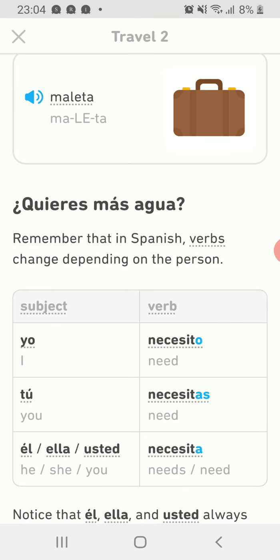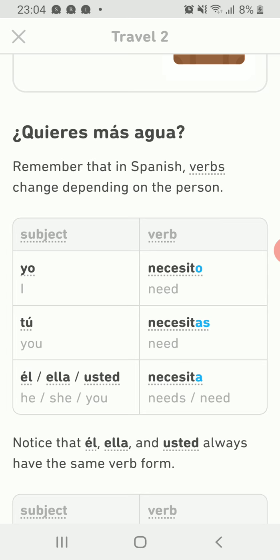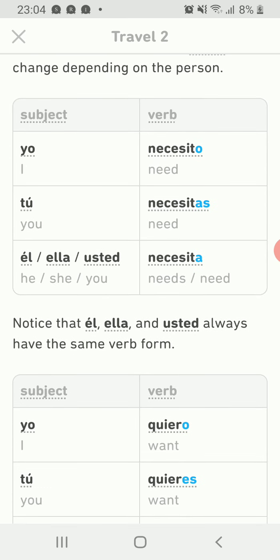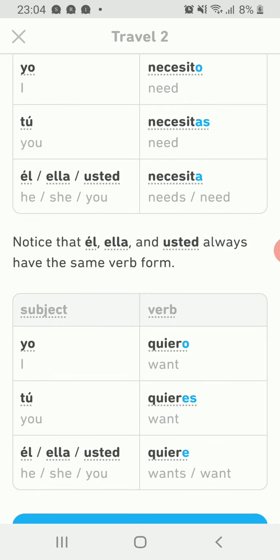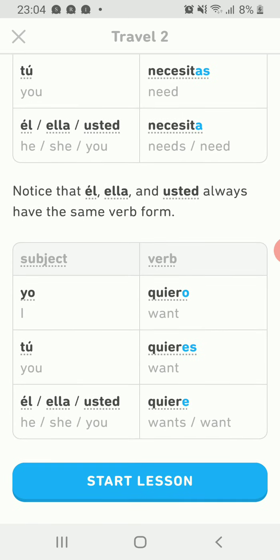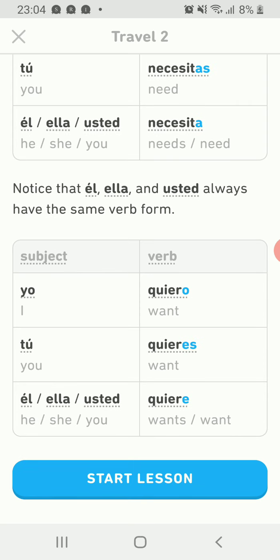Remember that in Spanish, verbs change depending on the person. Yo necesito, tú necesitas, él, ella, usted necesita. Notice that él, ella, and usted always have the same verb form. Now we have the verb querer.